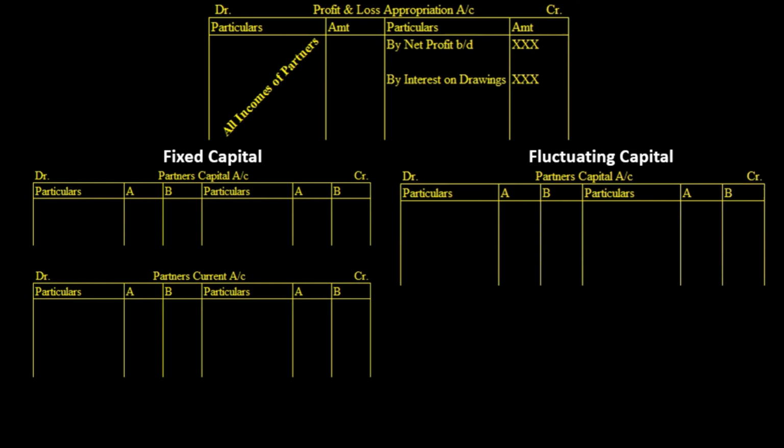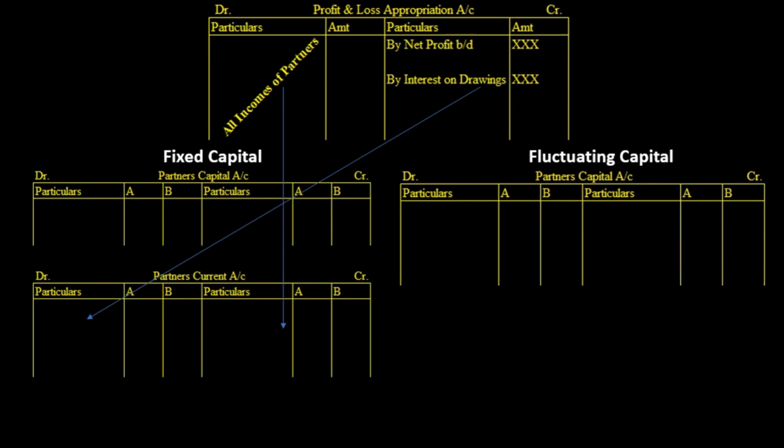All the regular activities of the partners will be recorded into this additional account called partner's current account. Now we need to remember, in partner's current account, there will be either a debit or a credit opening balance, and other than this, complete information will come from our profit and loss appropriation account, which means all the items recorded on the debit of appropriation account will then be posted on the credit of partner's current account.